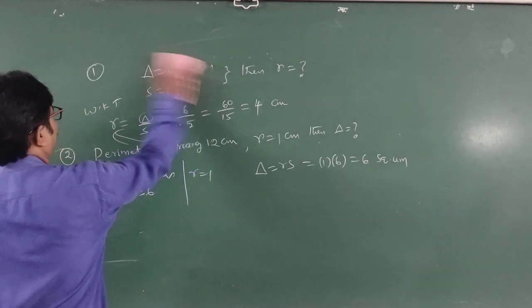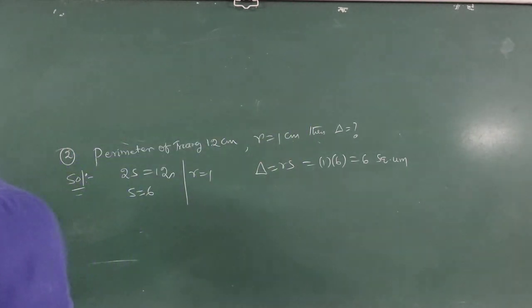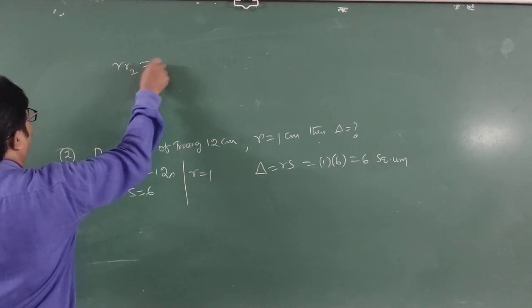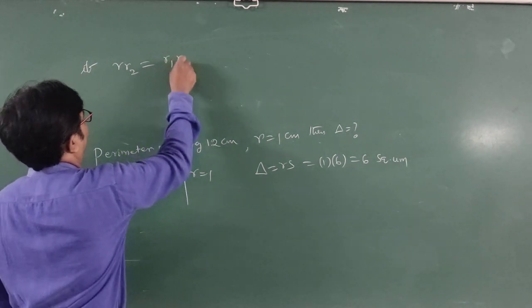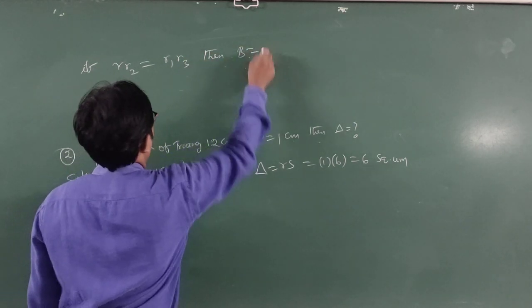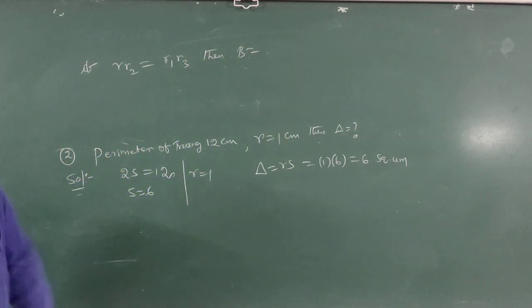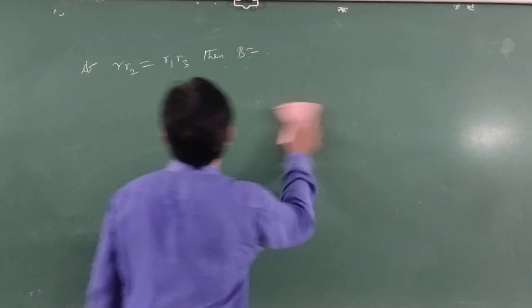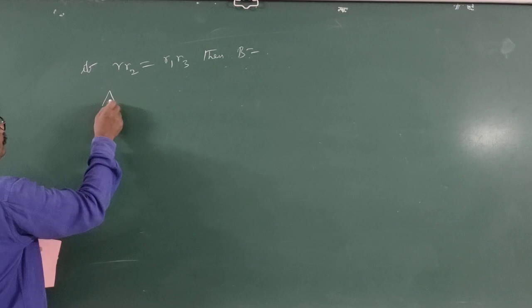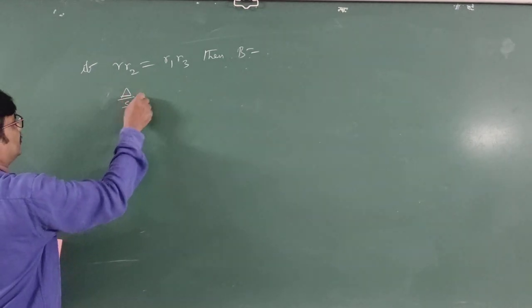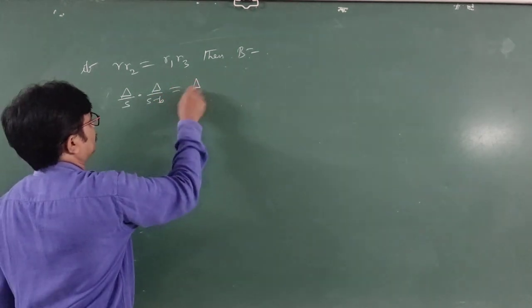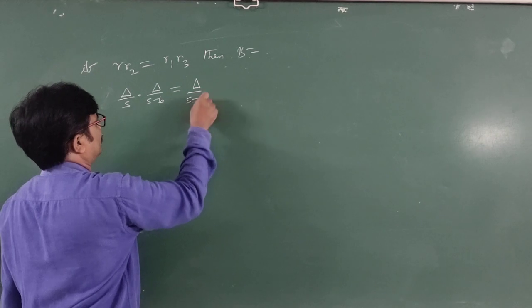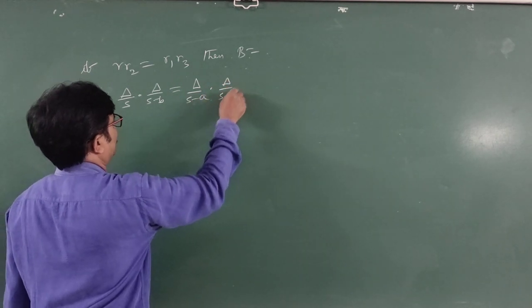Now students, the next one is question number 3. r into r2 is given as r1 into r3, then find angle B. We know the small r is delta by s, r2 is delta by s minus b, r1 is delta by s minus a, and r3 is delta by s minus c.